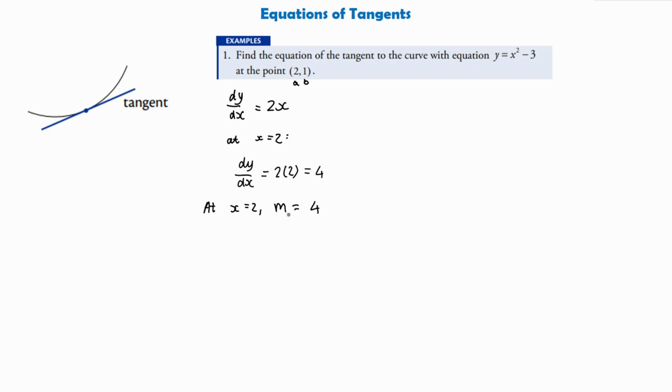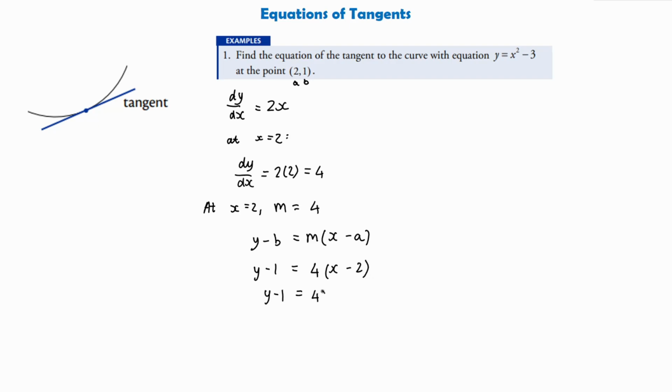So now we have the gradient, and we have a point that lies on the line, so we can use our equation y minus b equals m(x minus a) to work out the equation of the tangent. And we said our (a, b) is this coordinate here, so we're going to have y subtract 1 equals the gradient 4, times (x subtract 2), and then we just solve to find the equation of the tangent.